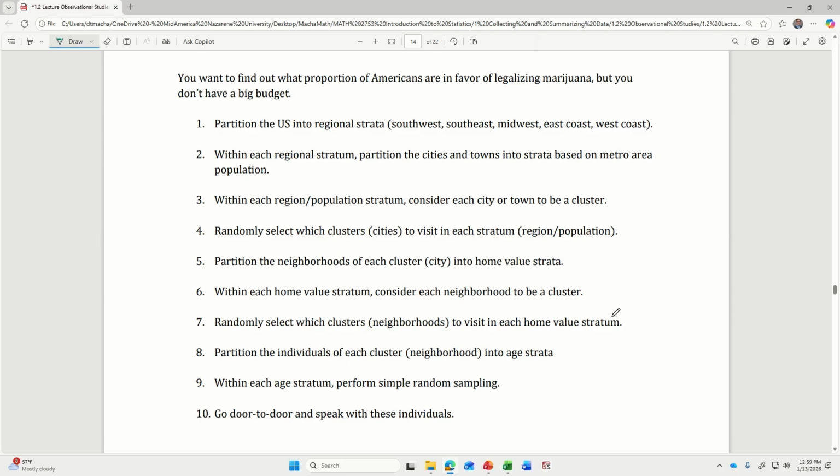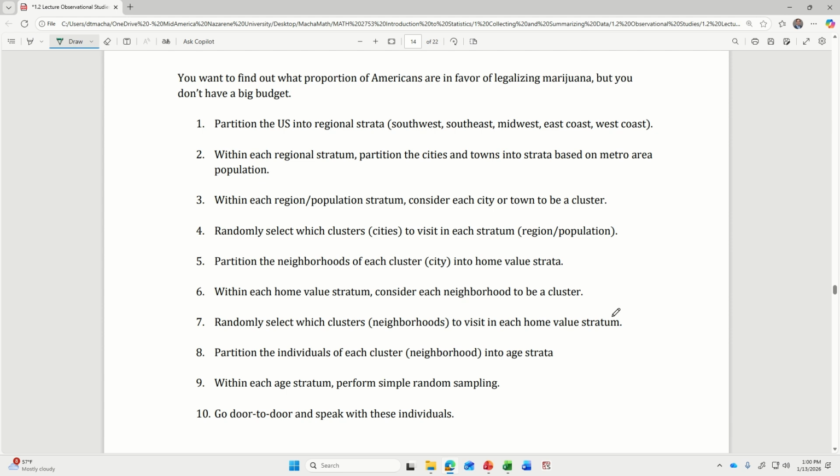And we're going to go into each stratum and say within each regional stratum, partition the cities and towns into strata based on metro area population. Because people in high population metro areas tend to think differently than people in rural areas and small towns. So that's, again, another way to stratify inside of strata. So we've got 2 layers of stratifying.